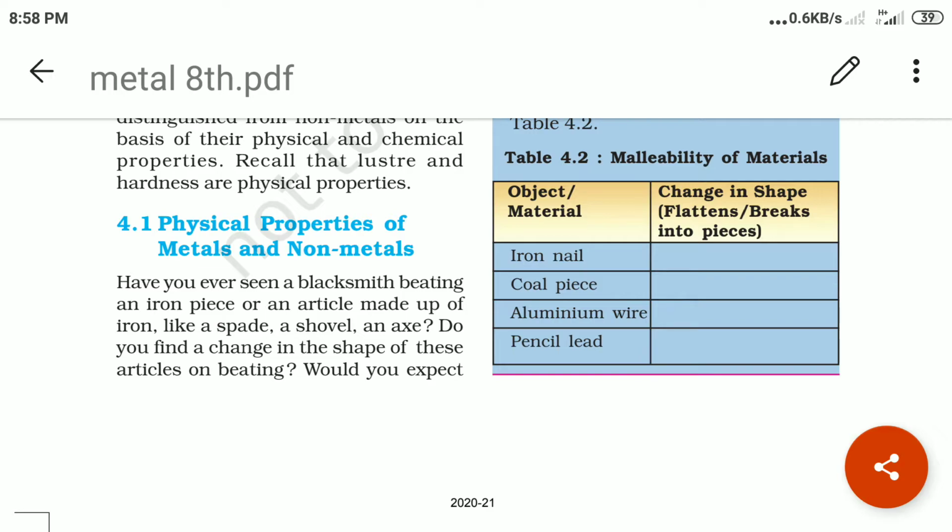Before the beating there is one ball of iron. After the beating there is a change in that ball, and that ball is converted into an article.